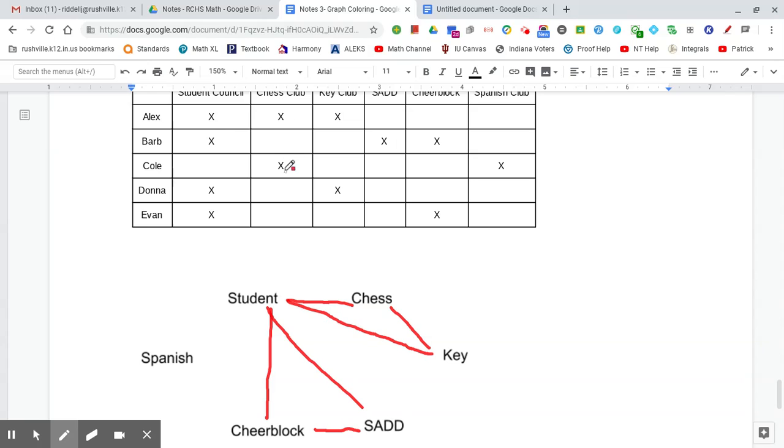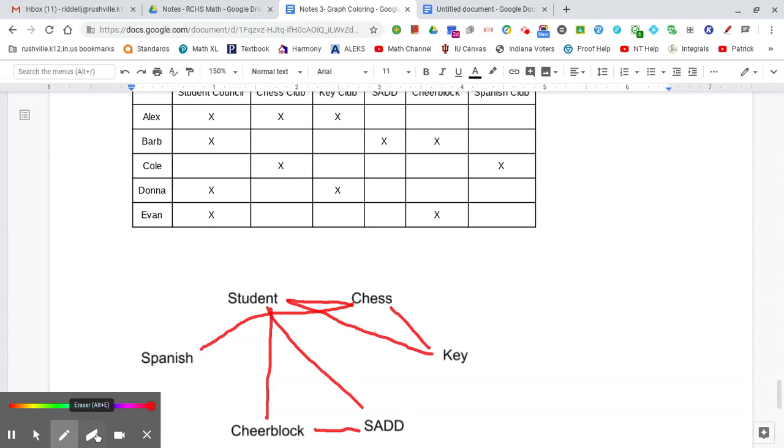Sorry, no, that's chess club. Chess club and Spanish club. So chess and Spanish now have a conflict. Donna is student council as well as key club. All right, so that conflict was already taken care of by Alex. And then Evan has conflict between student council and cheer block, that conflict was already taken care of by Barb.